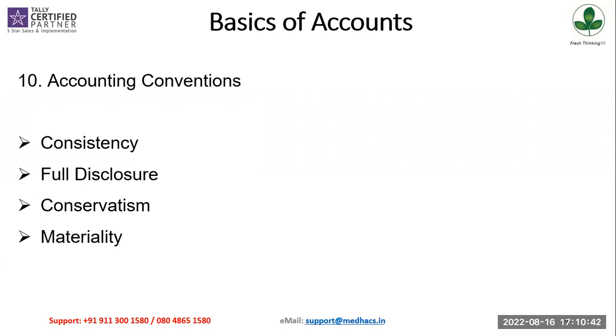Then comes the full disclosure. The reason for maintaining proper books of accounts is that we fully disclose every aspect of it. We don't want to withhold any of the information. Because we need to understand there are various stakeholders. The owners or the management are dependent on the finance team.